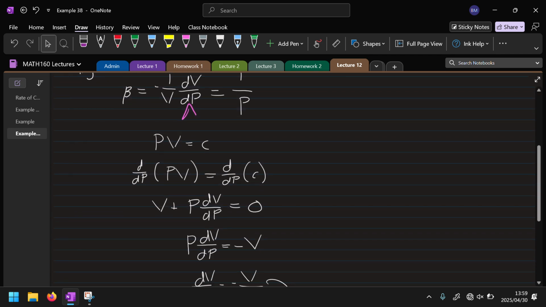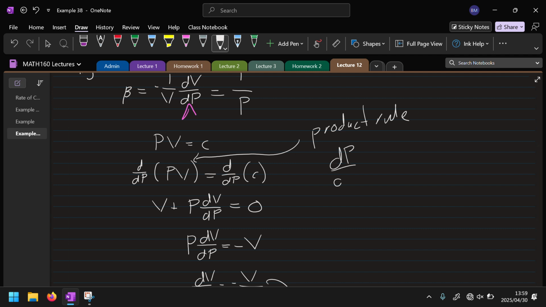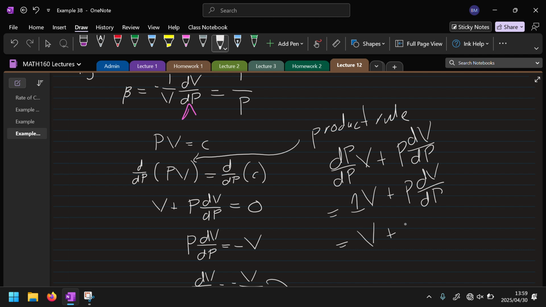Then the part below is the product rule. So product rule, that will be dP by dP times V plus P dV by dP. So that will be a 1 times V plus P dV by dP. But 1 times anything is just that thing, dV by dP, and that's what we have over there. Okay. Any other questions?